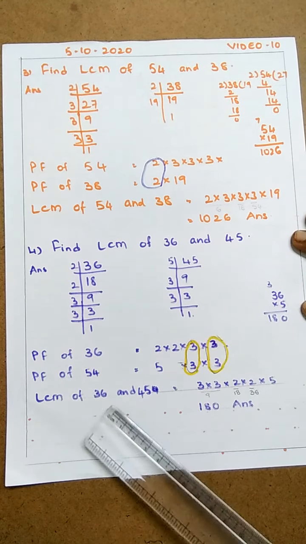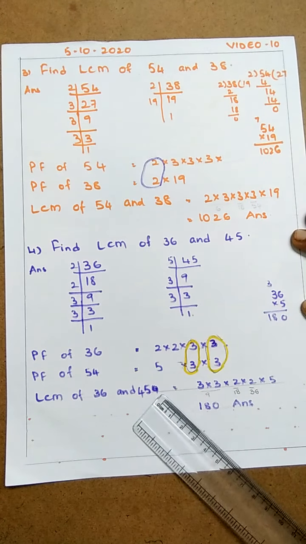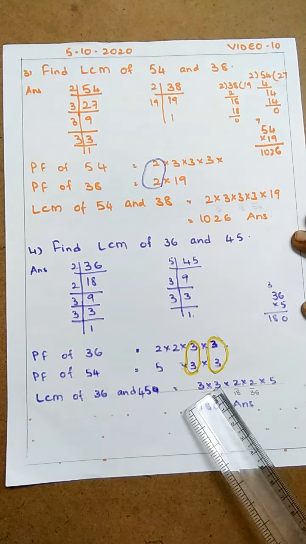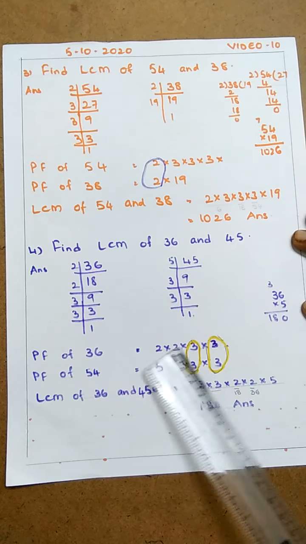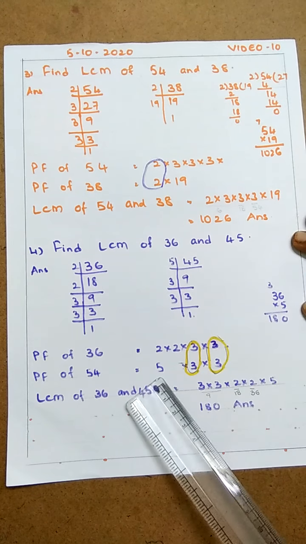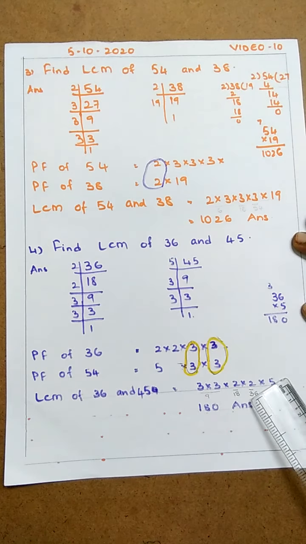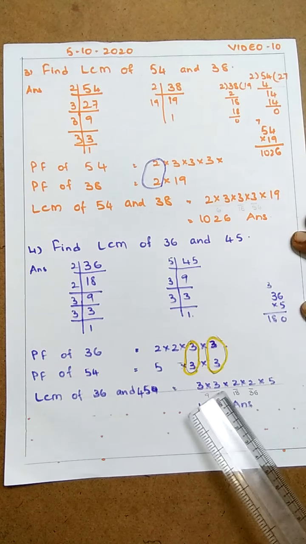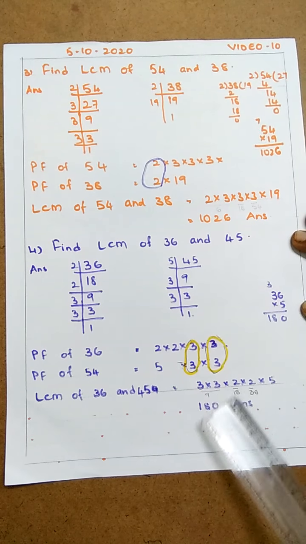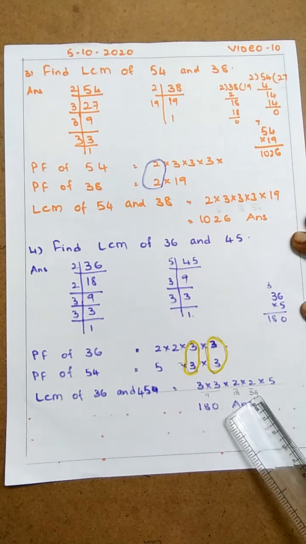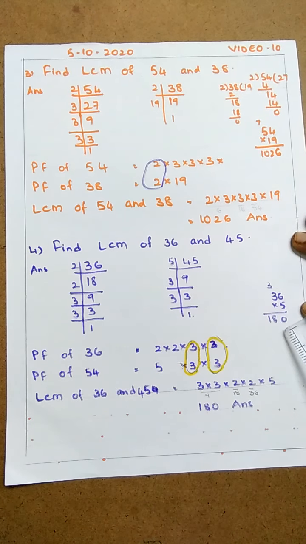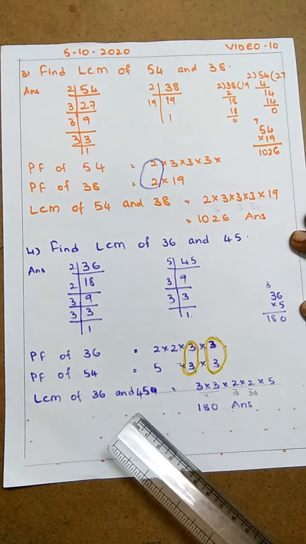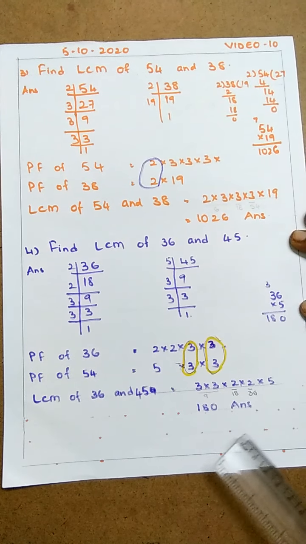Now, LCM of 36 and 45 is, first the common factors 3 into 3, and leftover numbers 2 into 2, multiply it, and 5 is also leftover. Now, let us multiply all these factors. 3 3s are 9, 9 2s are 18, 18 2s are 36, 36 into 5 gives you 180. So, LCM of 36 and 45 is 180.